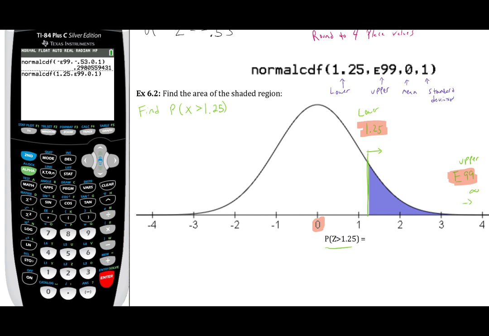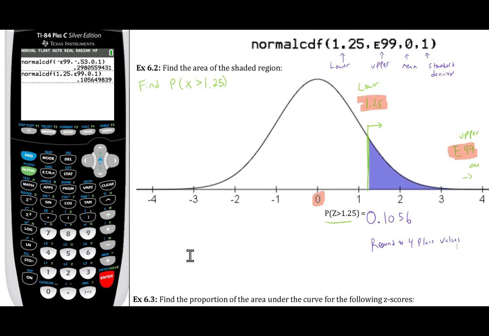Since we are talking about z-scores, we're talking about standardized values. The mean is always going to be 0, and the standard deviation is going to be 1. From here, we'll press enter, and we'll get that the area to the right of 1.25 is 0.1056. Again, round to 4 place values, unless you're told otherwise.